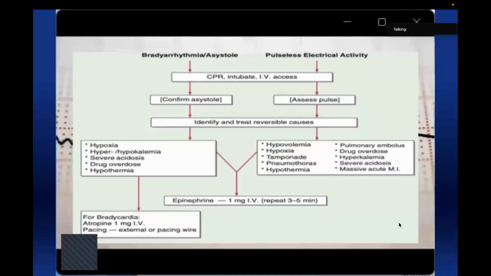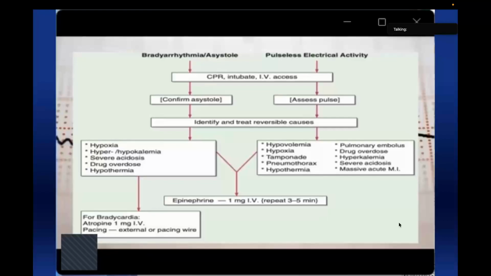And the T's: your tamponade, tension pneumothorax, thrombosis, pulmonary embolism, drug overdose or toxins, or massive acute MI. So you have to really identify if there are reversible causes that you might want to address to help make survival higher in this particular scenario.